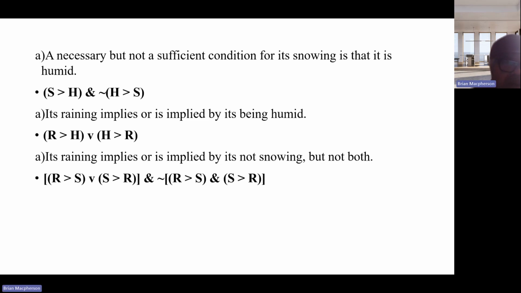So R then S or S then R. So it's raining implies or is implied by it's not snowing. So that should really be R then not S or not S then R. But not both. But it is not the case that both. So then it would be not R then not S and not S then R.